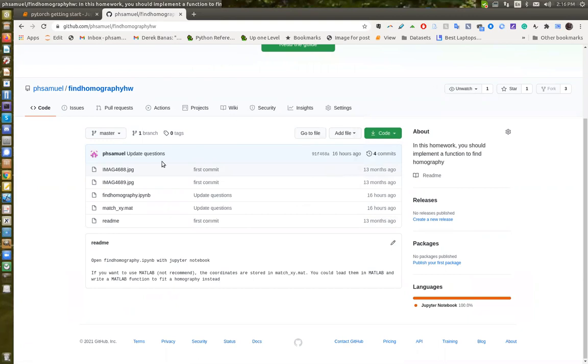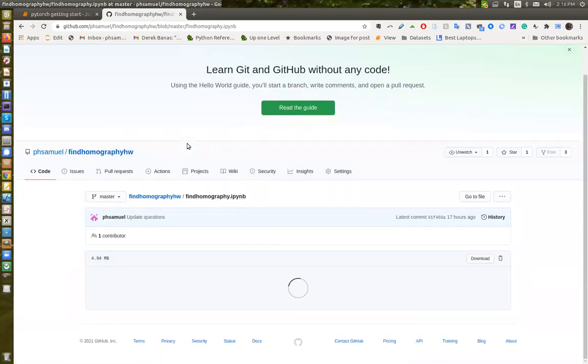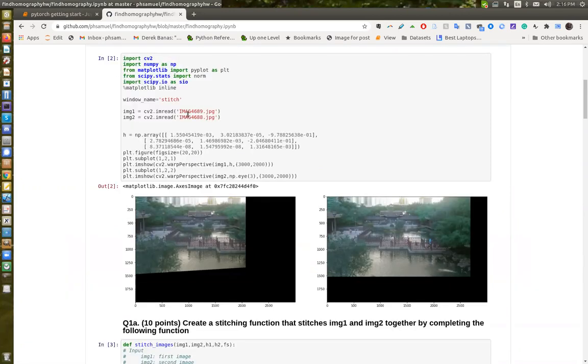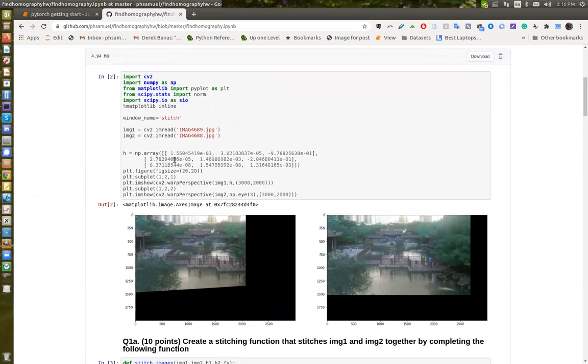I have two images here, and also the Jupyter notebook that I just created. I'm already reading in some images; these are the two images I have here. I pre-computed the warping function, sorry, the homography, already.